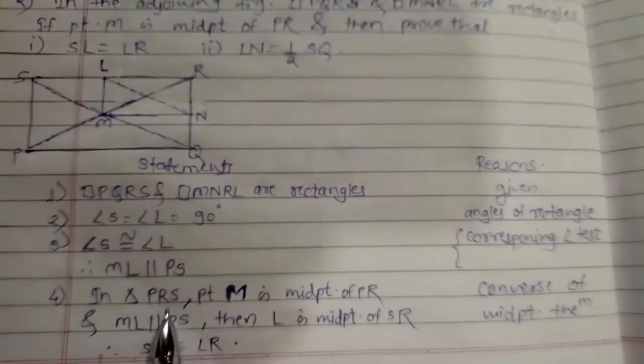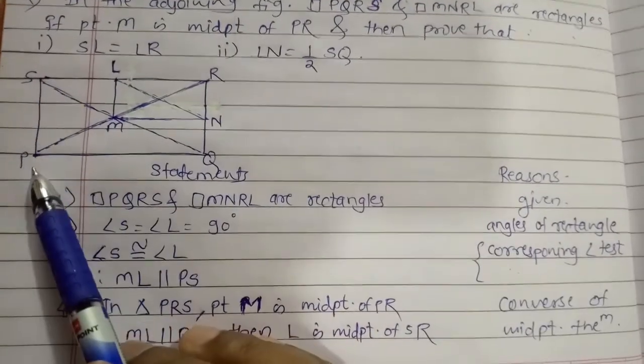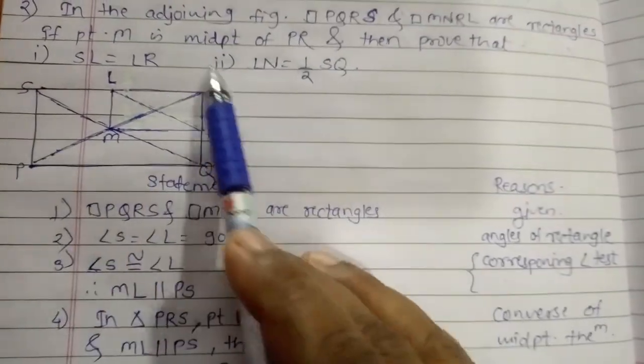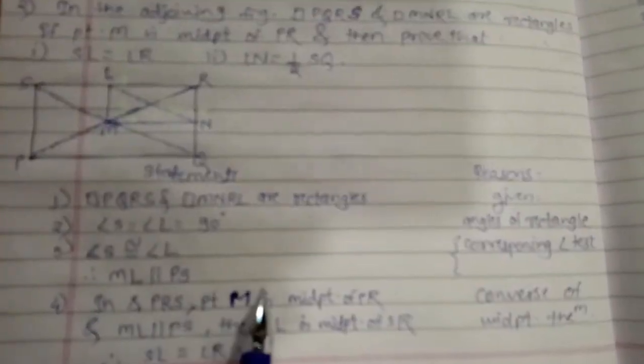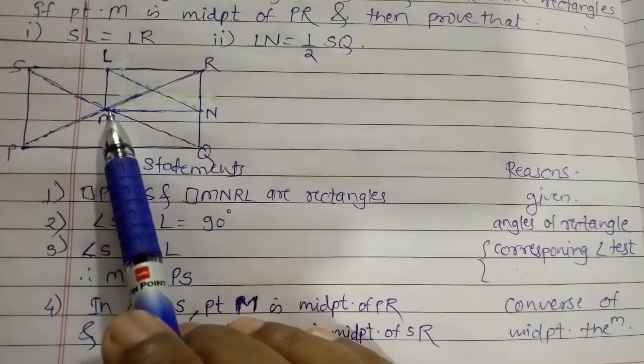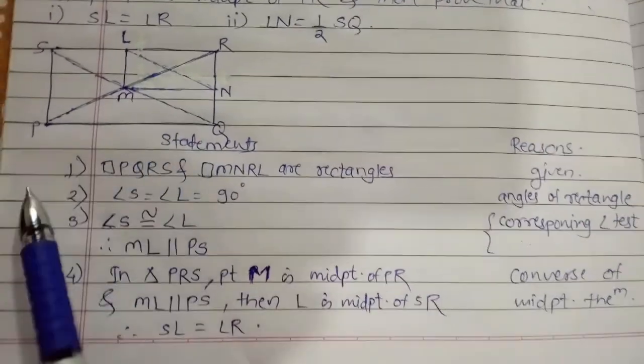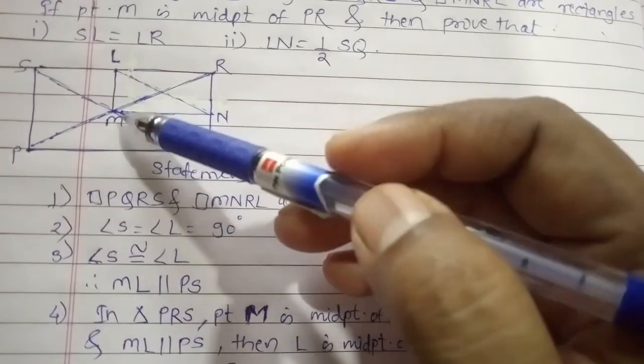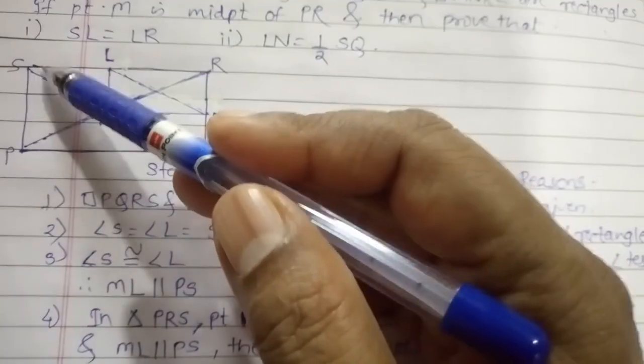Now in triangle PRS, M is the midpoint of PR, as given, and in the previous statement we already proved that LM is parallel to PS.